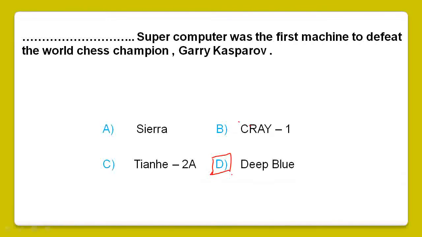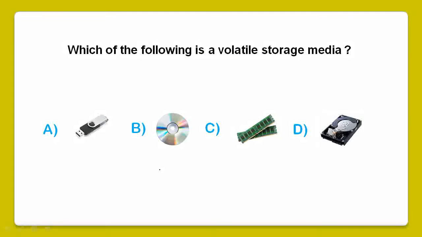Deep Blue was the first computer, which was very old, to defeat a world chess champion, and that was Garry Kasparov, who was defeated by a computer. And this is a very weird thing. All other names are a little bit complicated, but they are all wrong answers, so please choose the correct answer only in the exams. Next question.